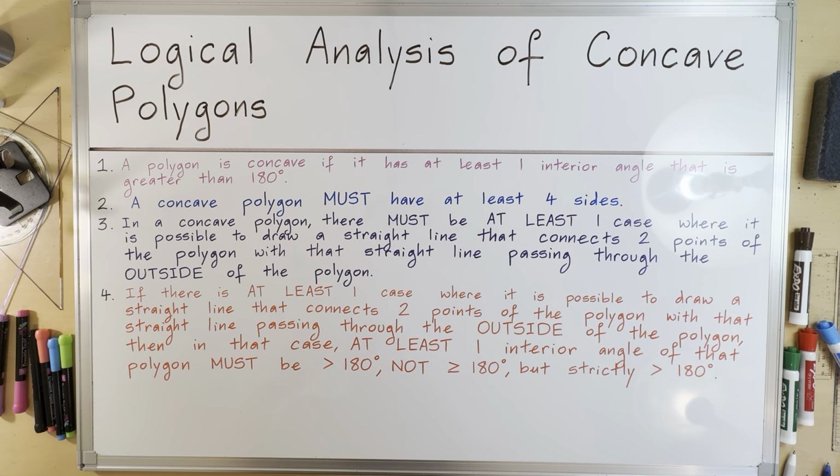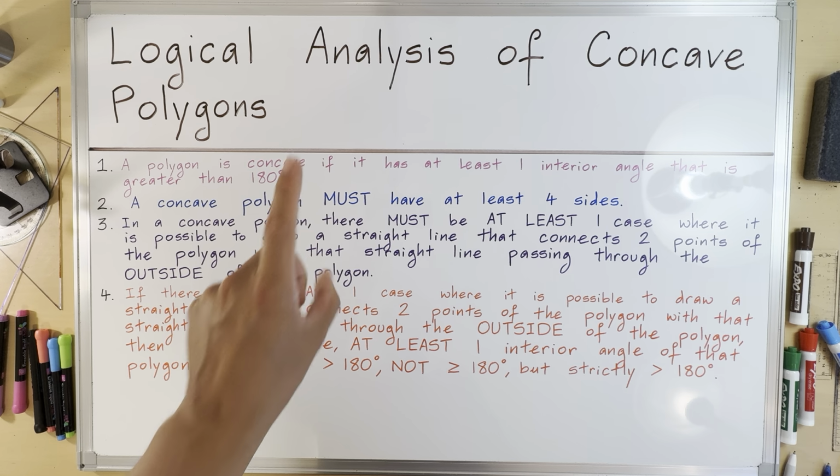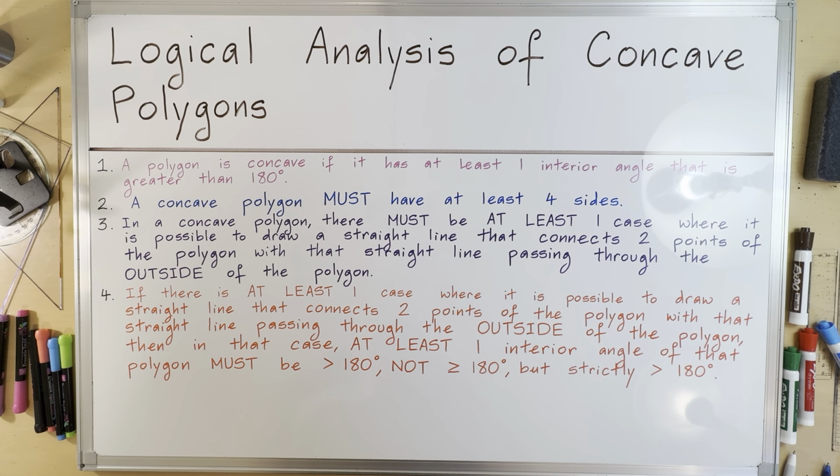Statement number 3 states that in a concave polygon, there must be at least one case where it is possible to draw a straight line that connects 2 points of the polygon with that straight line passing through the outside of the polygon.